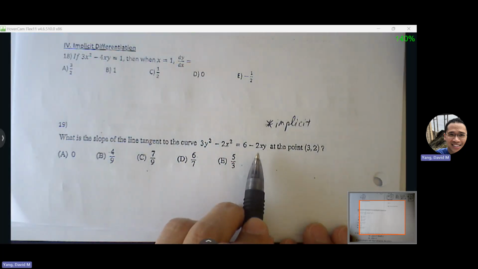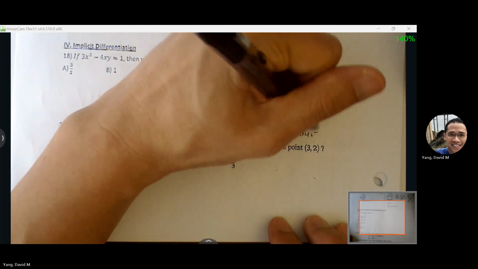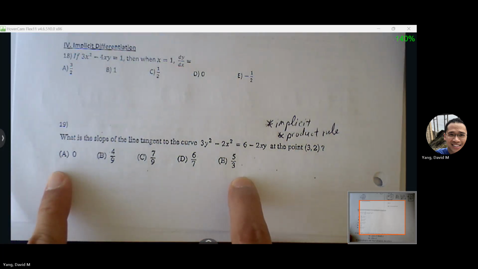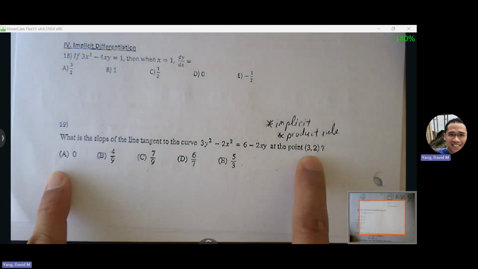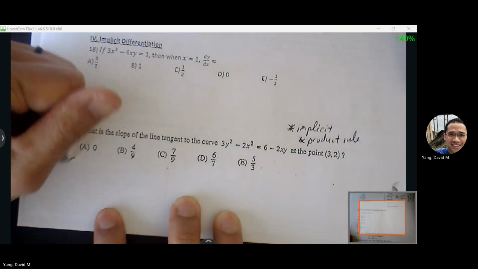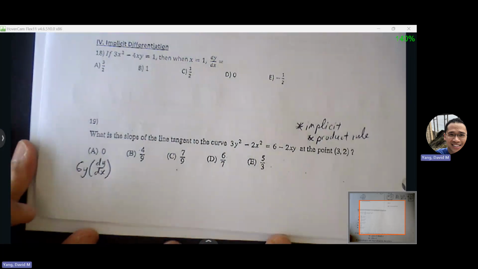And then there's a hidden product rule here because in 2xy, x and y are being multiplied. We're going to find the derivative and then plug in 3 and 2 for x and y, and then try to solve for dy dx. Remember, with implicit, we go through our derivative process the same.